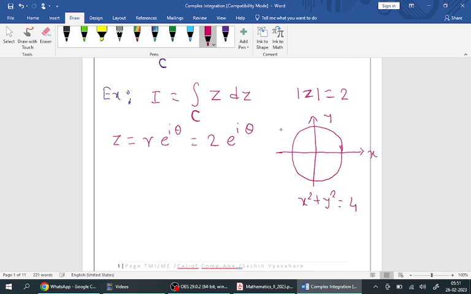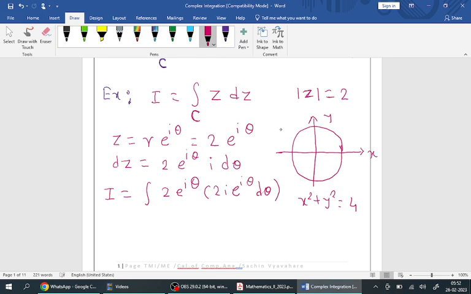If z is 2 times e raised to i theta, the value of dz will become 2 times e raised to i theta into i d theta. This is just a derivative. So the integral I will become the integration of 2 times e raised to i theta times 2i e raised to i theta d theta.